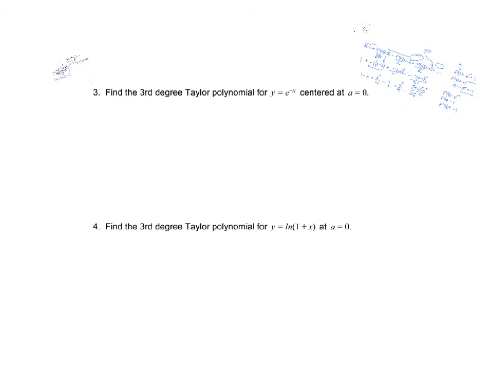So if I plug these in, f of 0 was 0, f prime of 0 was 1, f double prime was negative 1, and f triple prime was 2.